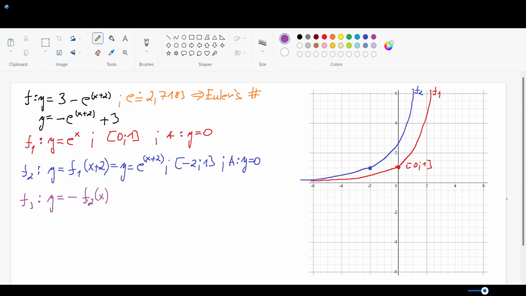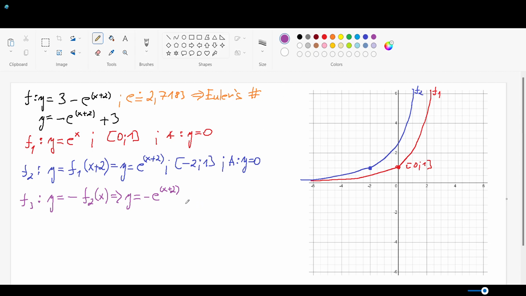We already know that this negative sign in front of my values means that all the y's become negative numbers, so my function will flip over the x-axis. But before we sketch the graph, let me just write the equation. So my function f3 is defined as -e to the power of x plus 2.